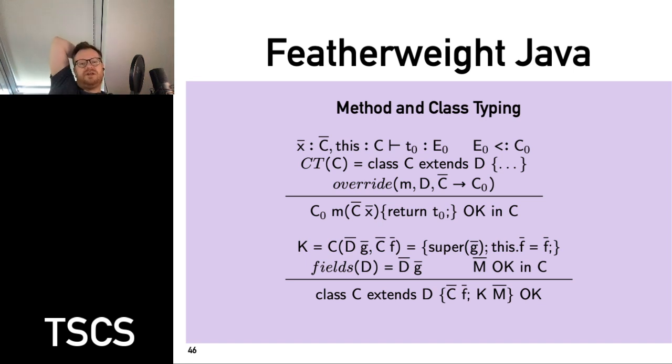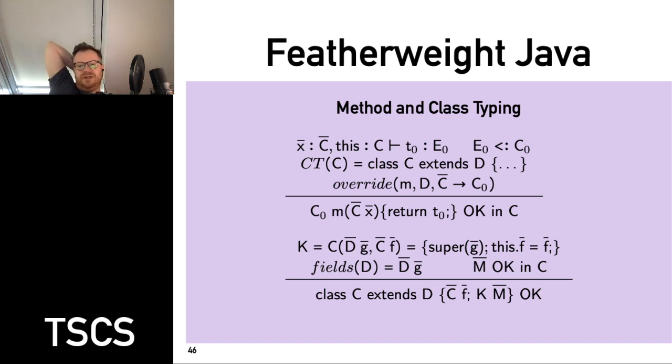So this is a complete class definition, and it says class C extends D with this field vector, the constructor, and the method vector, and this is okay if D has the following field definitions, and the constructor has the field definitions for that supertype and itself.